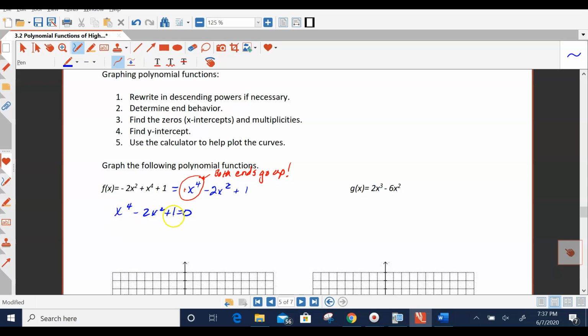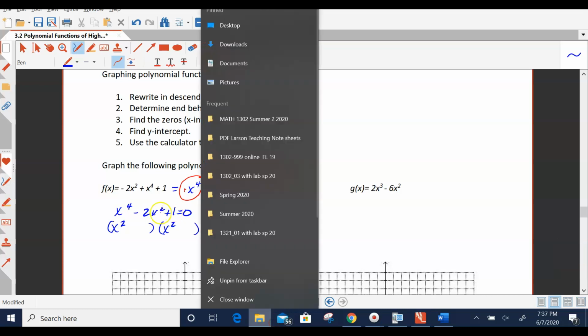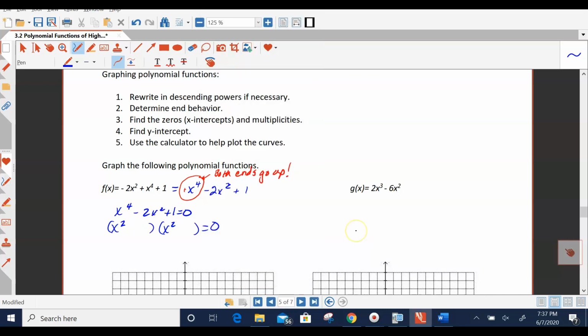There isn't anything common to all three terms, so I'm going to try this method of factoring. To get an x to the 4th, I could multiply x squared times x squared. To get a 1, I could multiply 1 times 1. And for those to add up to give me a negative 2, they would both need to be negative.